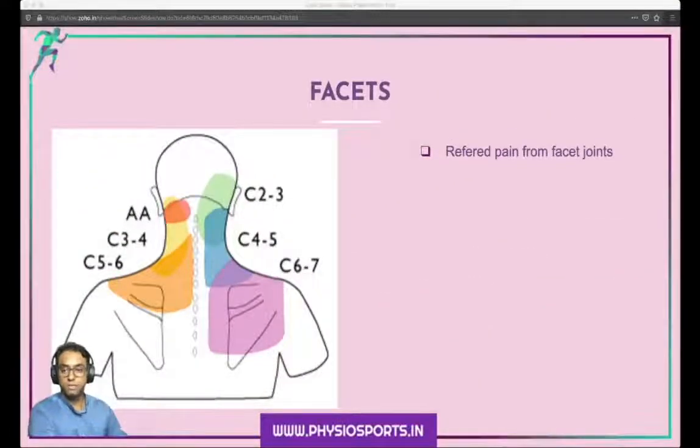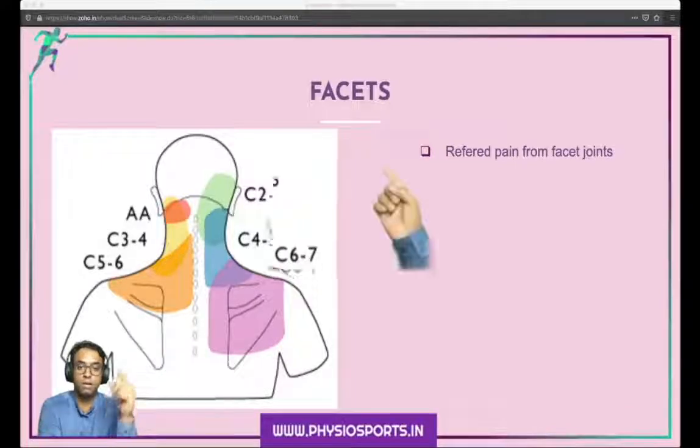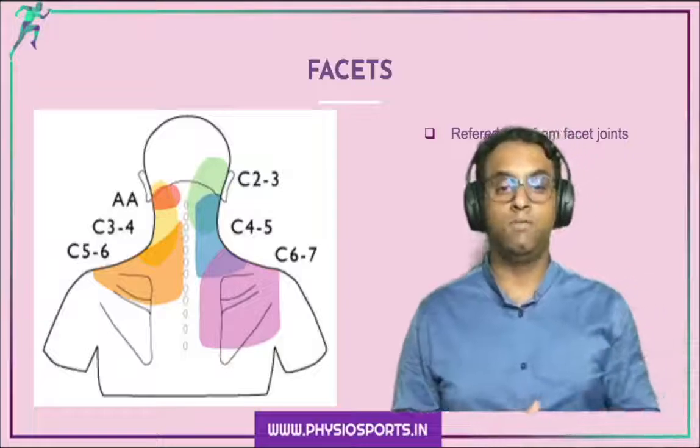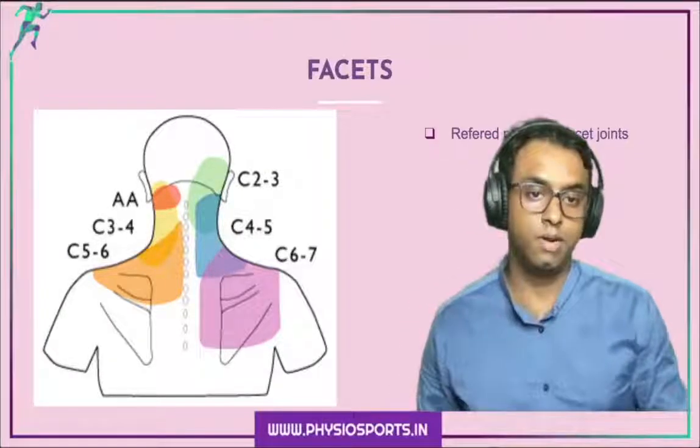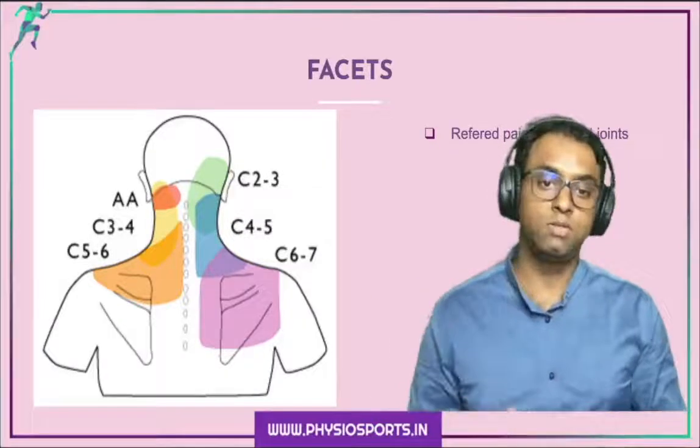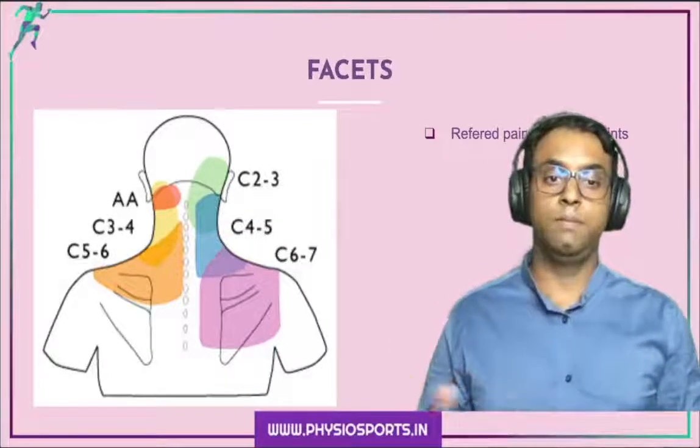The facets, the colored portions on your screen, demonstrate the sites of peripheral pain patterns when the particular facets are involved with pathology. For example, the green portion, the lateral aspect of the suboccipital region, the C2, C3 facet joint, may cause a referral pattern of pain.